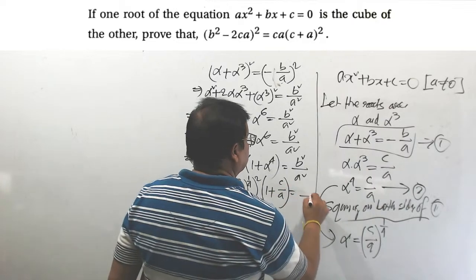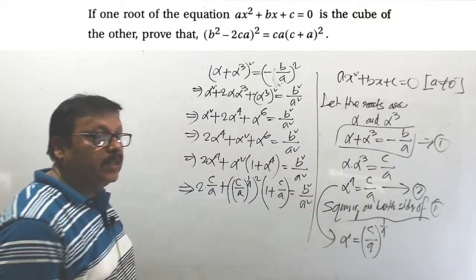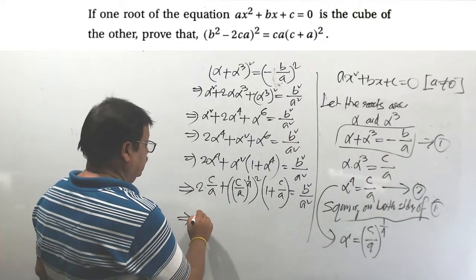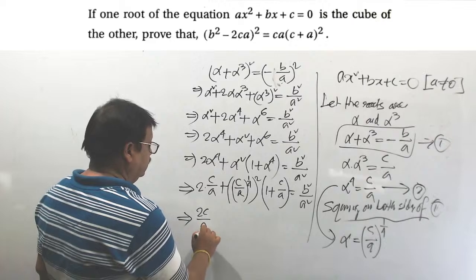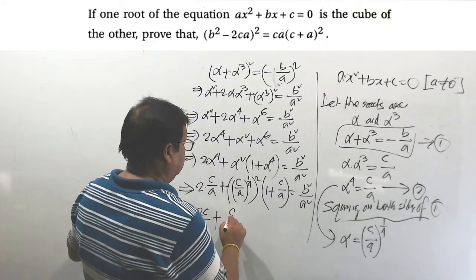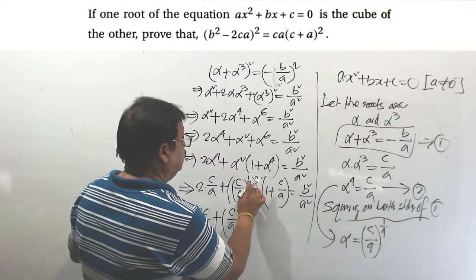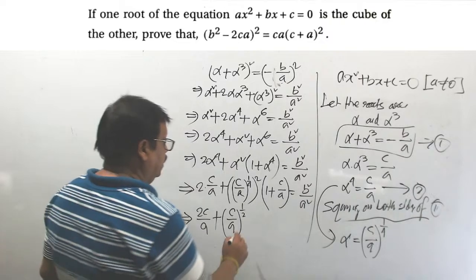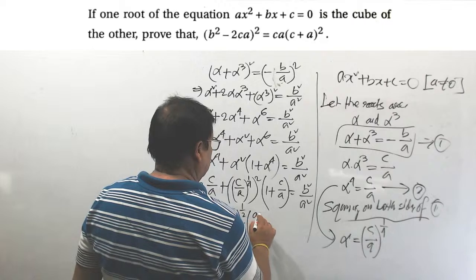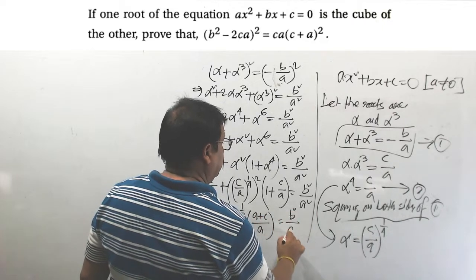This equals b square by a square. Clear? This implies 2c by a plus c by a all to the power 1 by 2, 2 2s are 4. Understood? Into, simplify, a is the LCM, a plus c. This is equal to b square by a square.